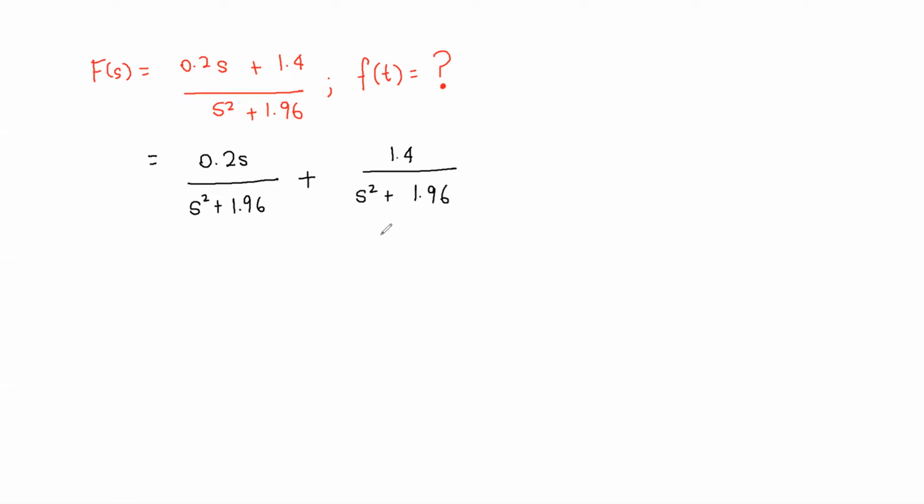If you refer back to the table of Laplace transform, you realize there is a pair: when you have s over s square plus omega square for F(s) in the spatial domain, the pair of it in the time domain is cos omega t.